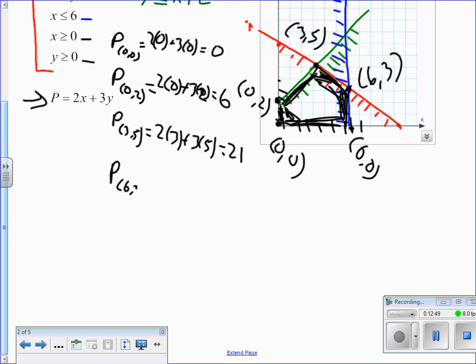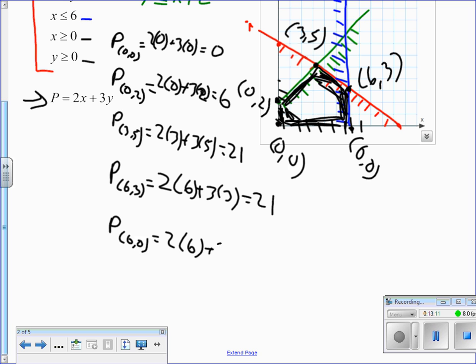P at 6, 3. 2 times 6 plus 3 times 3. 2 times 6 is 12. 3 times 3 is 9. 9 plus 12 is 21. Interesting. And then the last point, P at 6, 0. 2 times 6 plus 3 times 0 is 12. Try them one at a time in your equation you're trying to maximize or minimize.